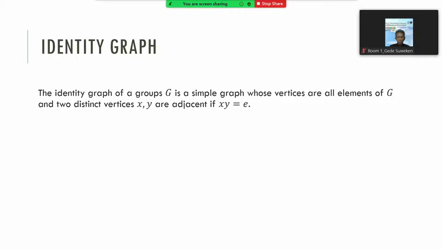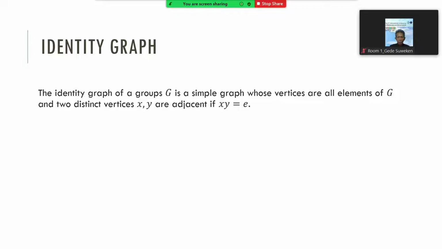So the first graph is the identity graph. We want to define a graph on a group, and we call it the identity graph of a group. The identity graph of group G is a simple graph whose vertices are all the elements of the group G, and two distinct vertices X and Y are adjacent if X times Y is equal to the identity.